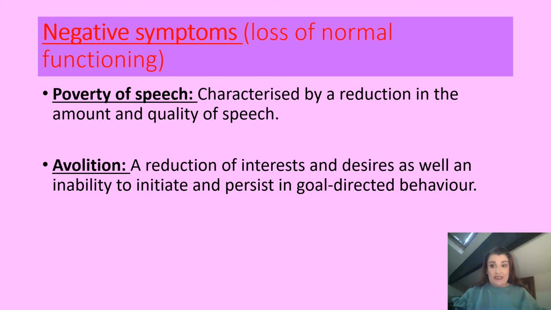So even things like having a shower, if they've been offered to go for a walk in the grounds or to take part in a game night or do painting, something like that, they don't have any interest. Unfortunately, avolition is sometimes misdiagnosed as depression, so we will look at the issues with diagnosing schizophrenia in the next session.